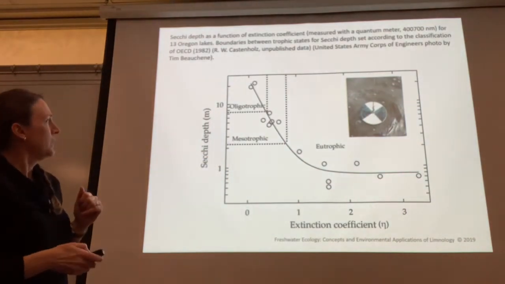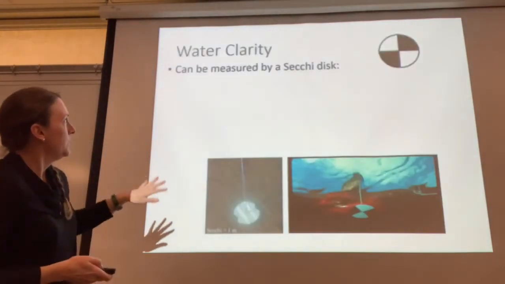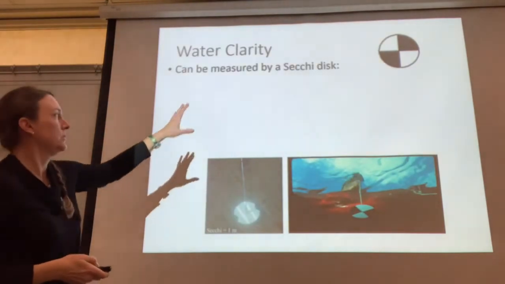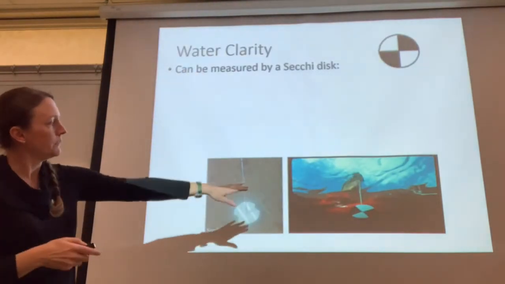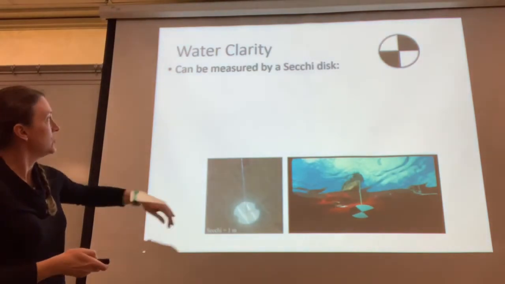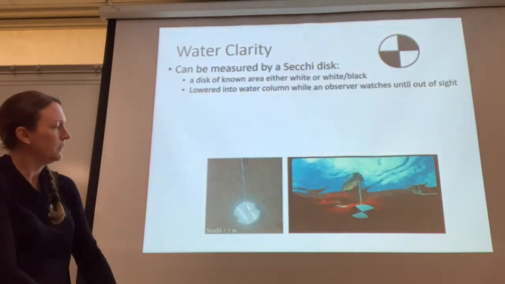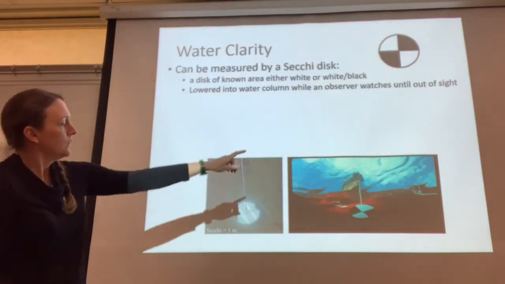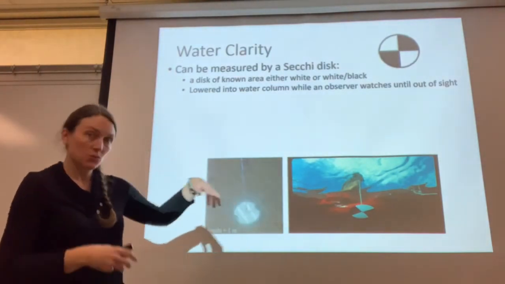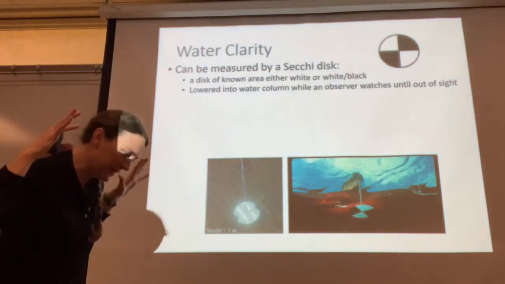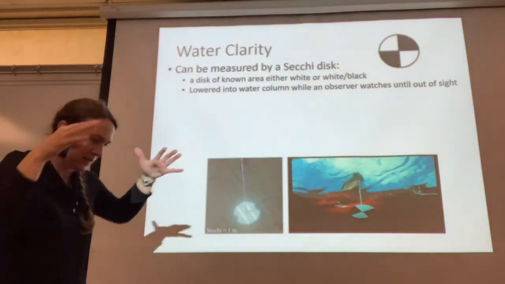So I think this is a little confusing, but basically this is how it works. So you take this disc, it's a black and white disc usually, sometimes it's just white, and you lower it down a column down into the water. Someone's lowering it while someone else is watching, usually laying flat on the deck, you know, with something covering your head to get rid of the glare.